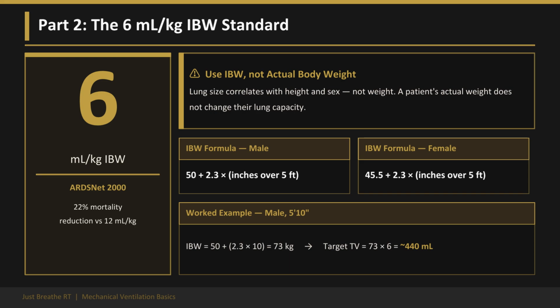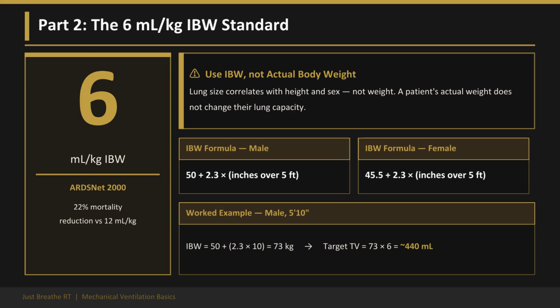This comes directly from the landmark ARDS-NET trial published in the New England Journal of Medicine in 2000, which showed that using lower tidal volumes, 6 milliliters per kilogram IBW, compared to the traditional 12 milliliters per kilogram, reduced mortality in ARDS patients by 22%. That is one of the most significant findings in the history of critical care medicine, and it changed how every RT and intensivist approaches the ventilator.